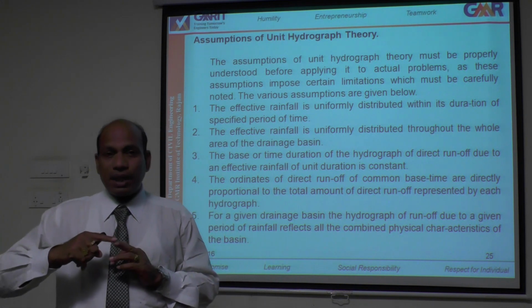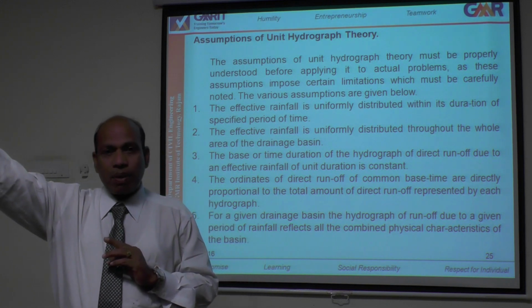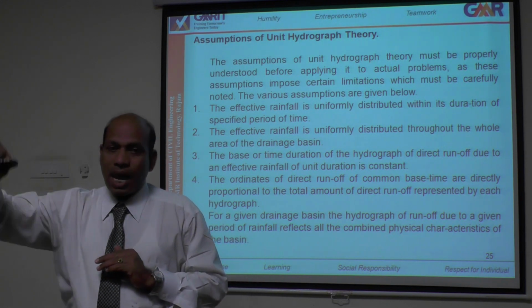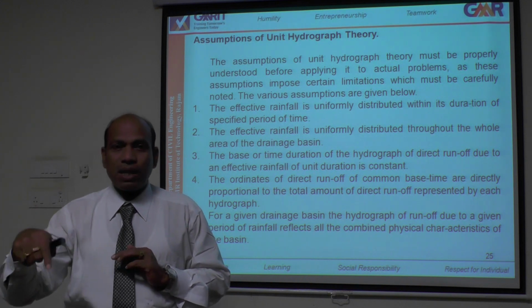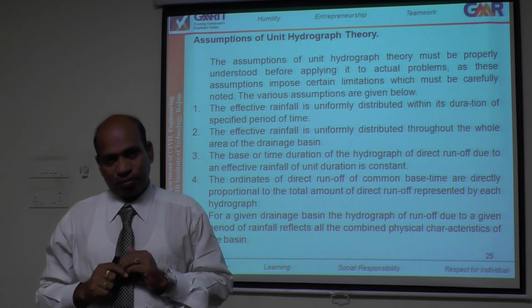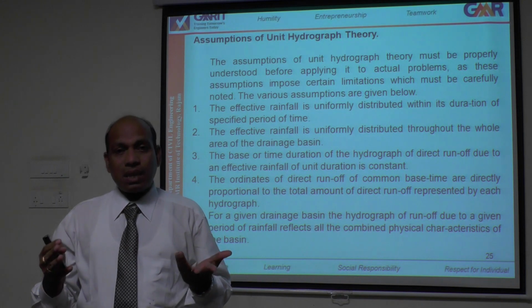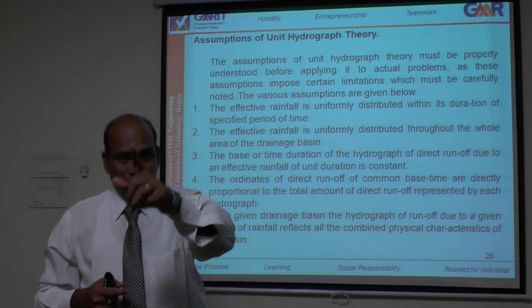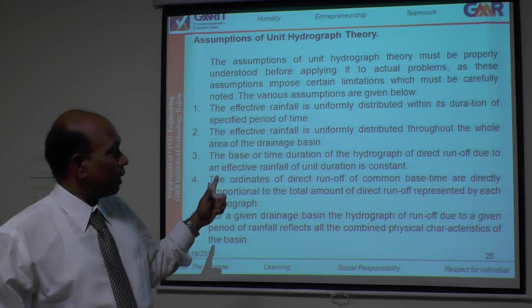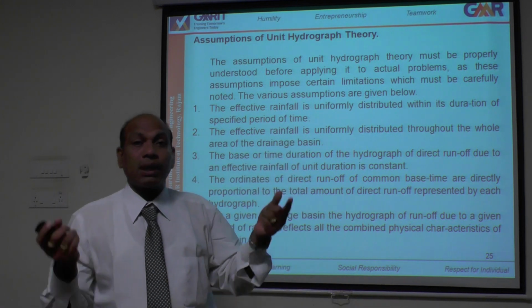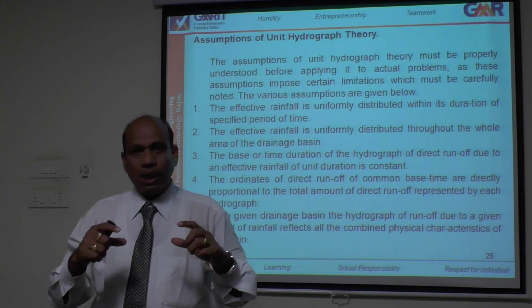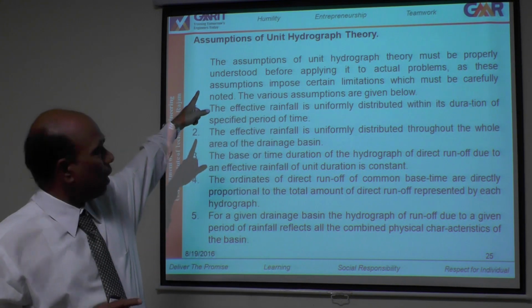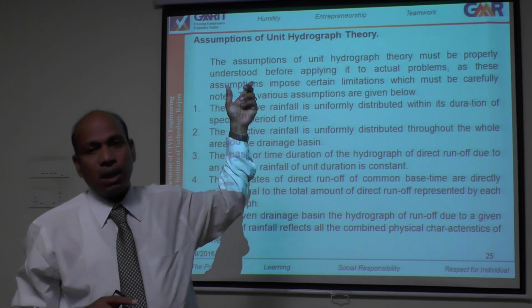If the rainfall intensity at Srikakulam is 5 mm per hour, whereas Rajam, which is also part of Srikakulam district, has 1 mm per hour, the intensity varies from place to place. But our assumption is that the intensity of rainfall should be the same for a specific period, then the unit hydrograph theory should be valid.